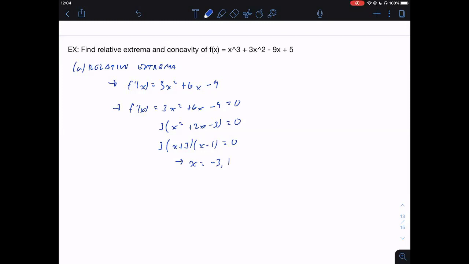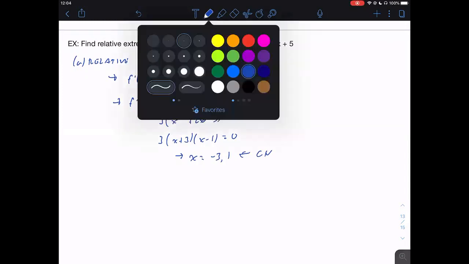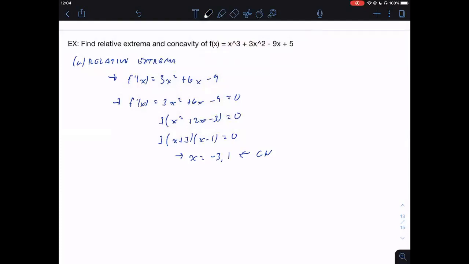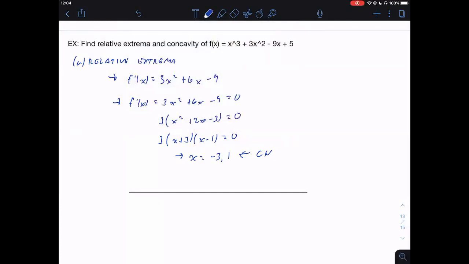So here we have 2 critical numbers, at x equals negative 3 and at x equals 1. And recall, after we find our critical numbers, then we have to do the first derivative test. So we draw a number line, and first draw the 2 critical points that we found, one at negative 3 and the other at 1.